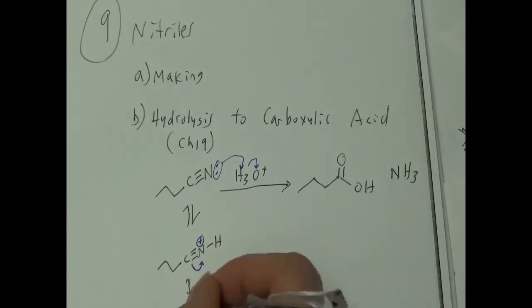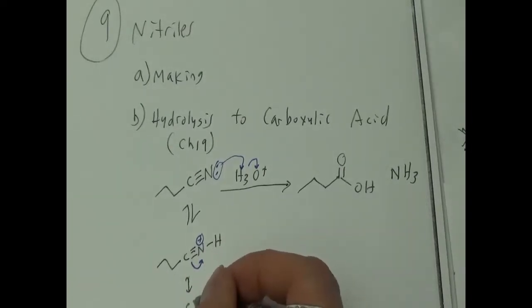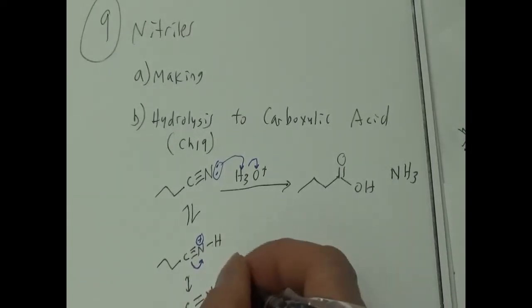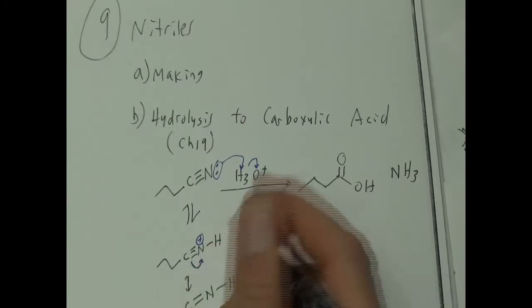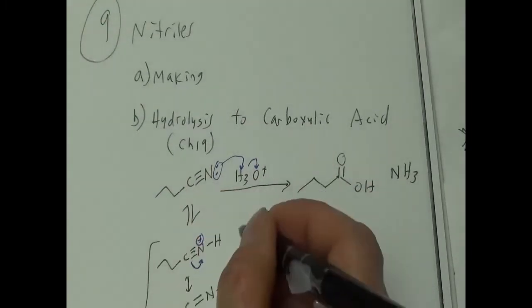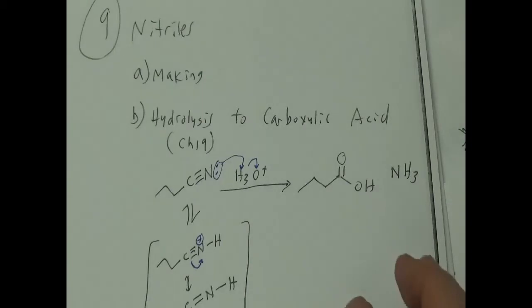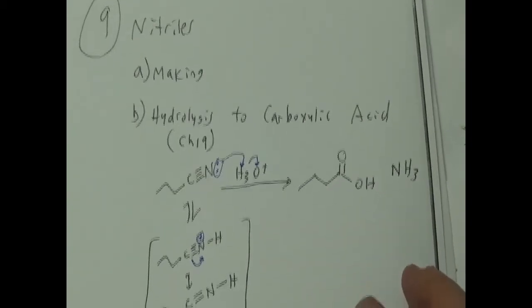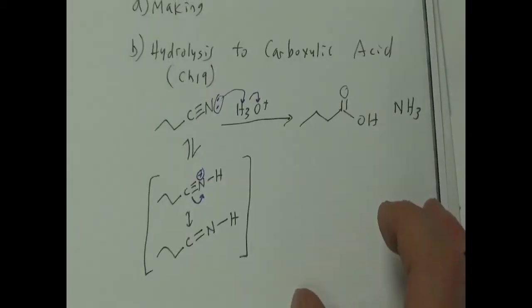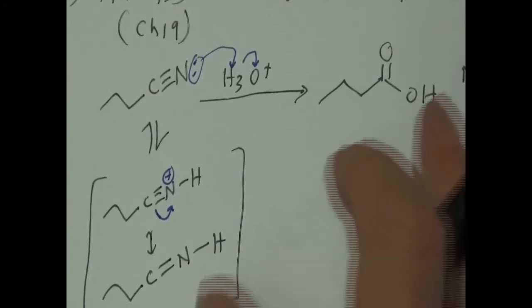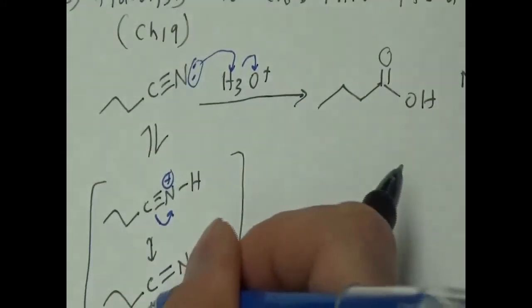I'll start it, you guys can finish it. Now you had a triple bond, now you have a double bond. And where's the charge now? Charge has got to be somewhere. It's not like the charge went away. Charge is on carbon.